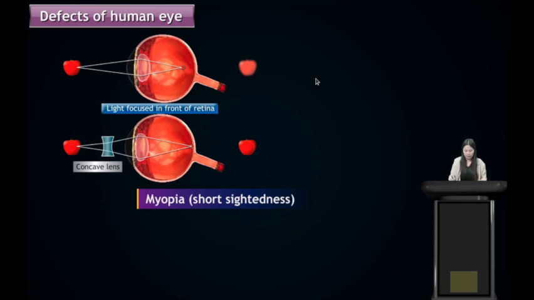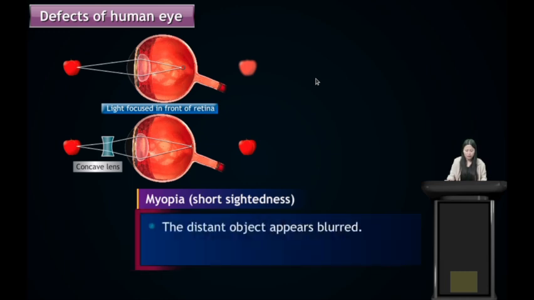That is myopia. We have seen that in myopia the distant object appears blurred. Remember this, students, a person having this defect, myopia, can see the nearby object clearly, but the distant object appears blurred.